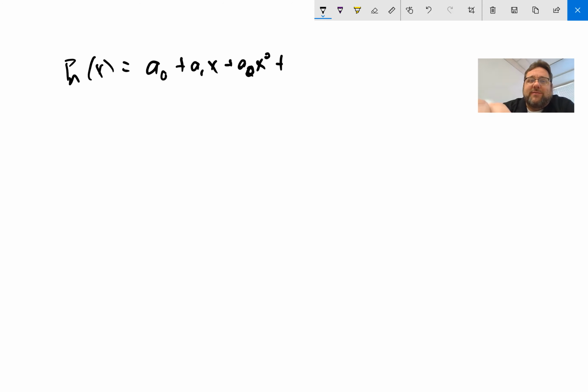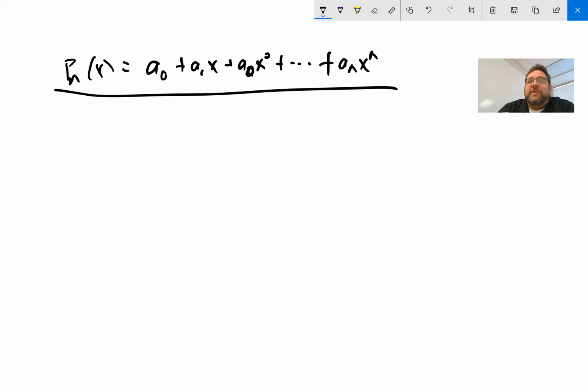Even if you're having to do this by hand, you can do it. So if we can find a polynomial that approximates our function, then we'll be able to get pretty close to what we want to know. But how do we come up with this polynomial?